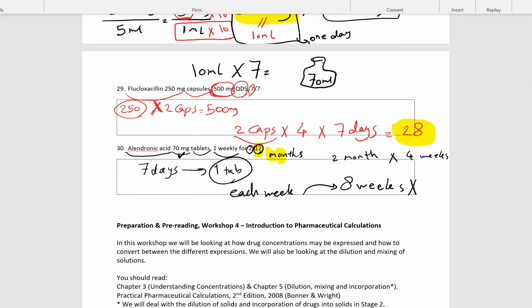So altogether we will give this patient 8 tablets of alendronic acid for 2 months, or for 8 weeks.